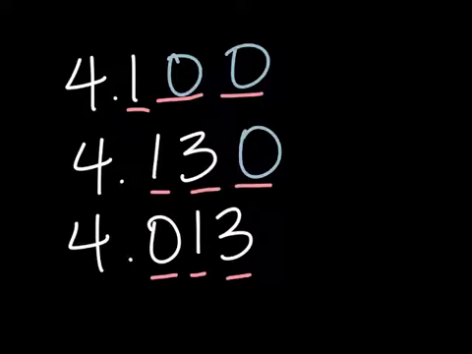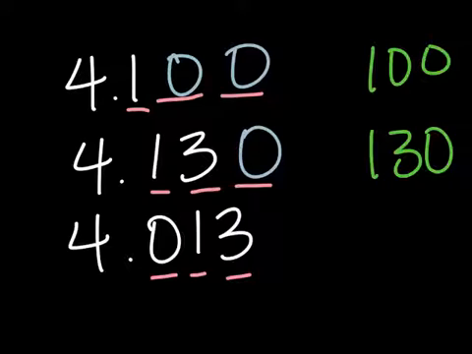Okay? So now really what you're looking at is, just like we had with the other numbers, since all the 4's are the same, we know 4 is our whole number, that's the same in all of them. But really now you can just look at what you've got to the right. So you're looking at 100, 130, and 013, or just 13.